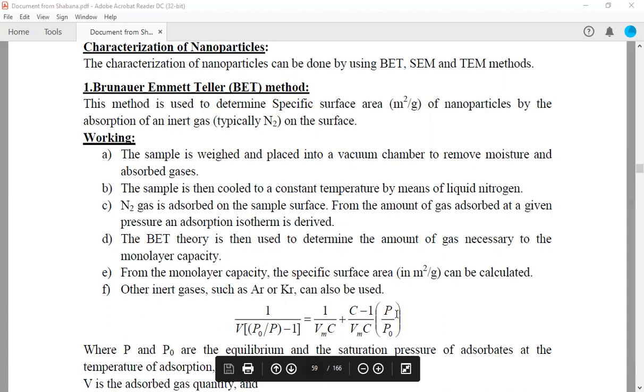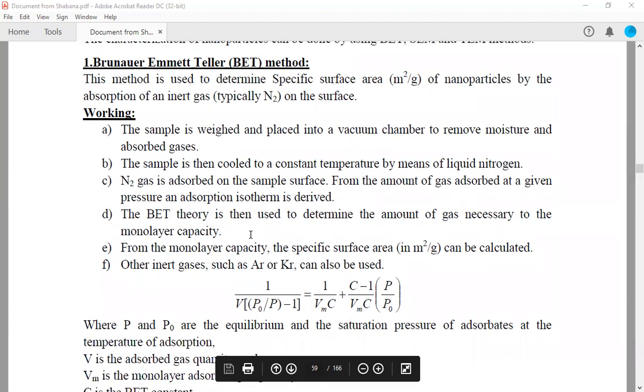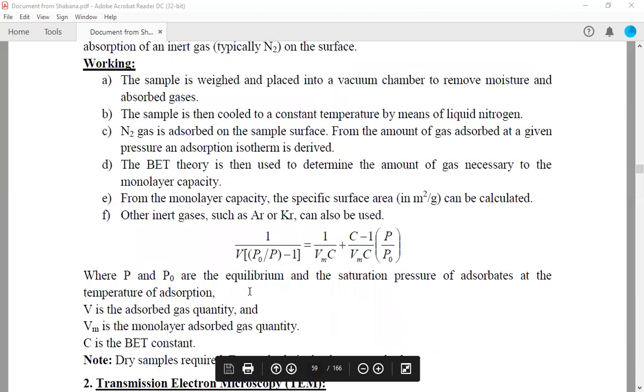Here P is the equilibrium pressure, P naught is the saturation pressure of the adsorbate at the temperature of adsorption, V is the adsorbed gas quantity, Vm is the monolayer adsorbed gas quantity, and C is a constant known as the BET constant.